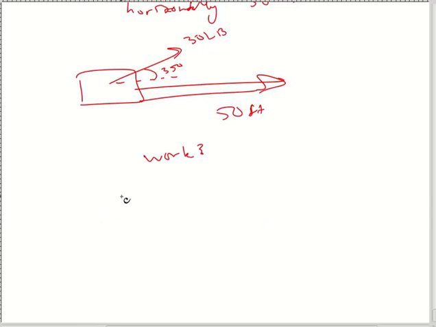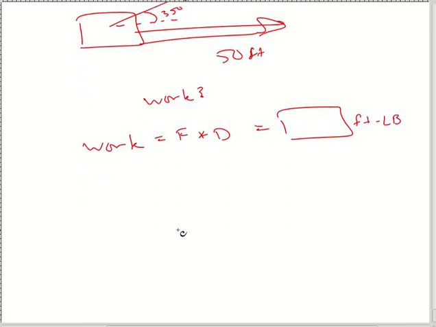And so really it's like force times distance, essentially. Work, force times distance. And so their answer is actually in foot-pounds even. So that's another indicator. You're simply multiplying. Well, let me give you the formula, I suppose. It's kind of like a formula. The 50 feet, the 30 pounds, but then the cosine of 35.